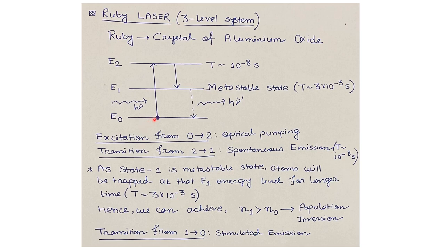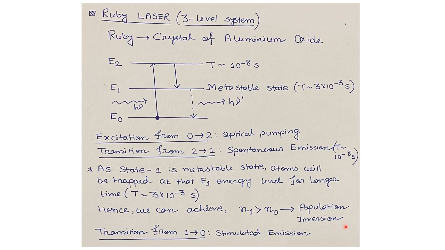But the excitation process from the energy level E0 to energy level E2 will continuously go on. So after some time we will achieve the condition N1 greater than N0, that is, the number of atoms at this metastable state will be greater than at the ground state, E0. This condition is known as population inversion, that we have discussed in the earlier slides.